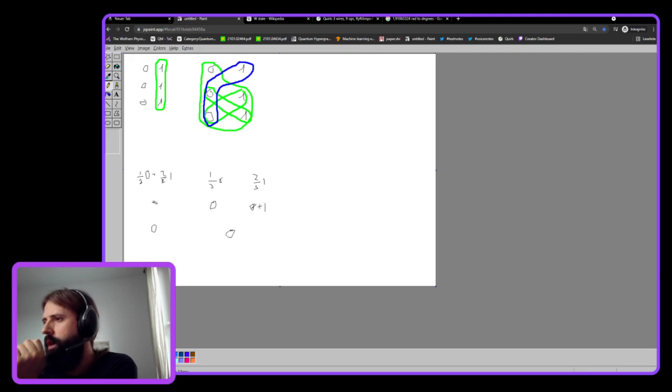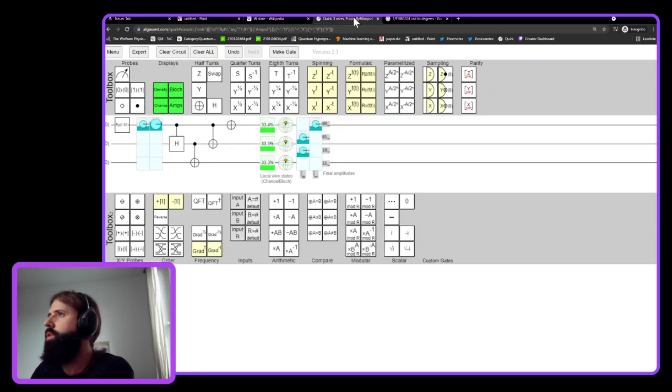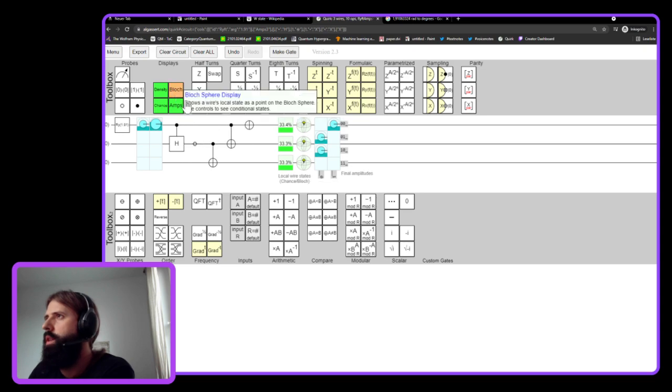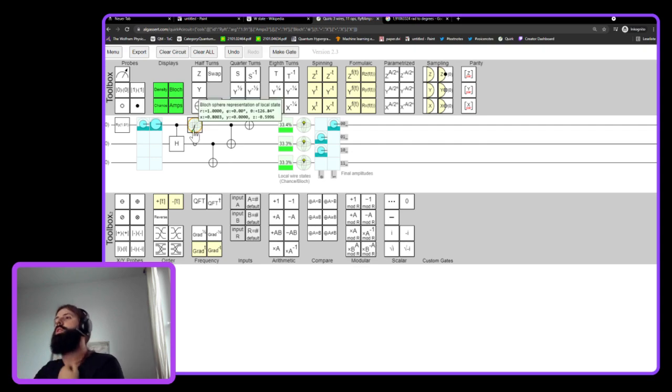That stays 0, and here we have our first hyperedge. This means at this point in time, I know that if this is a plus state, this is a 1, right? So here if I do an axis control for the plus state, I can tell that this is... what?